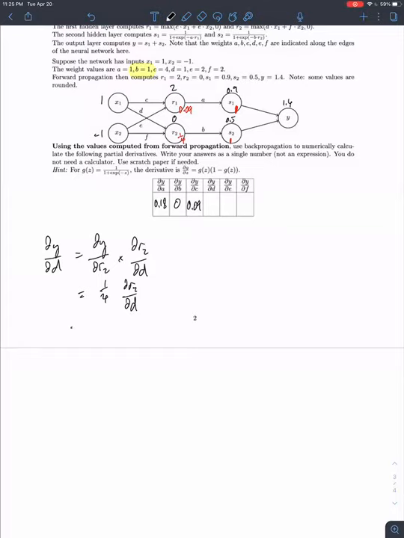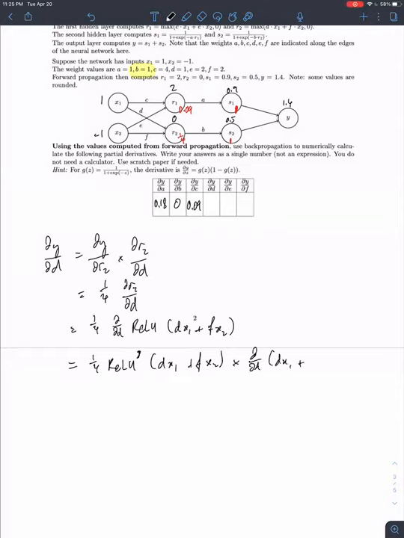So 1/4 partial d of ReLU of dx1 plus fx2. That's equal to the derivative of ReLU prime, so the derivative at dx1 plus fx2 times the derivative, partial d, of dx1 plus fx2. But of course, this is just x1, right here.